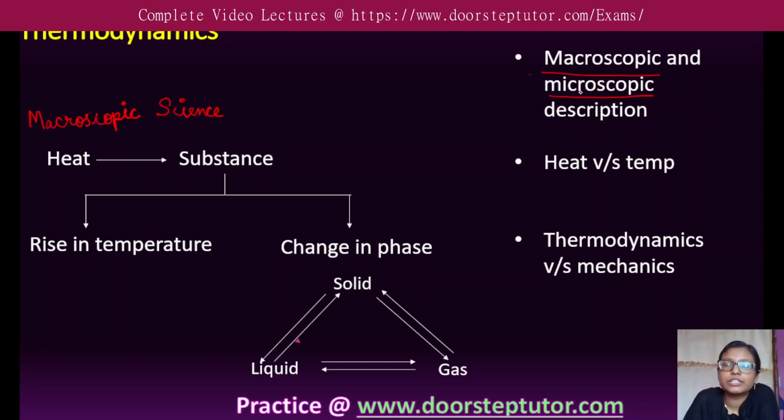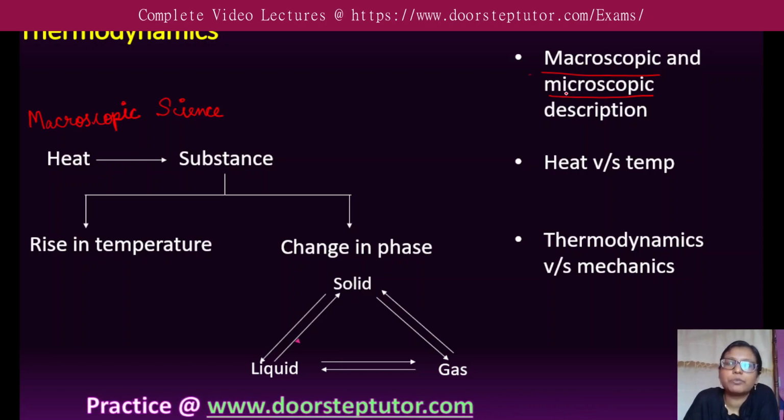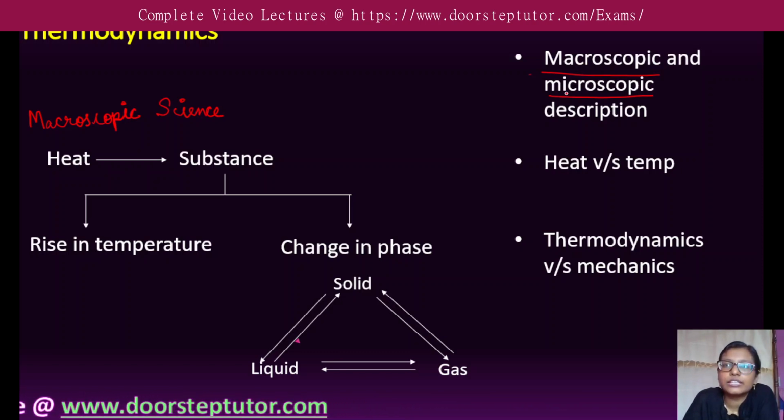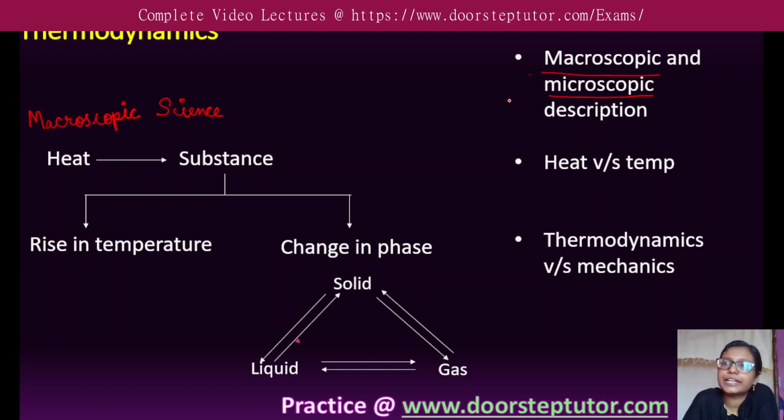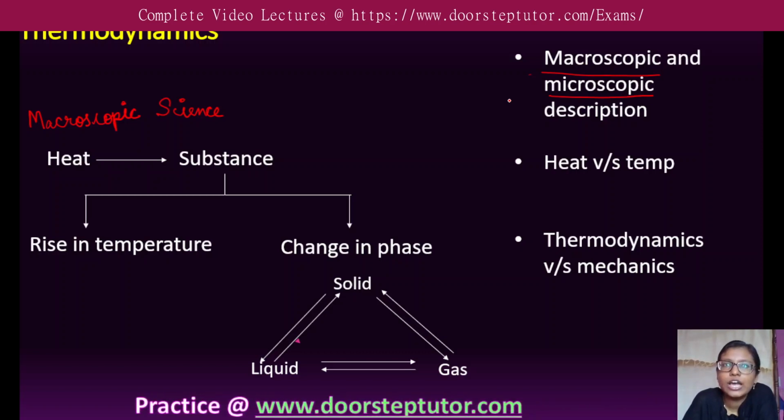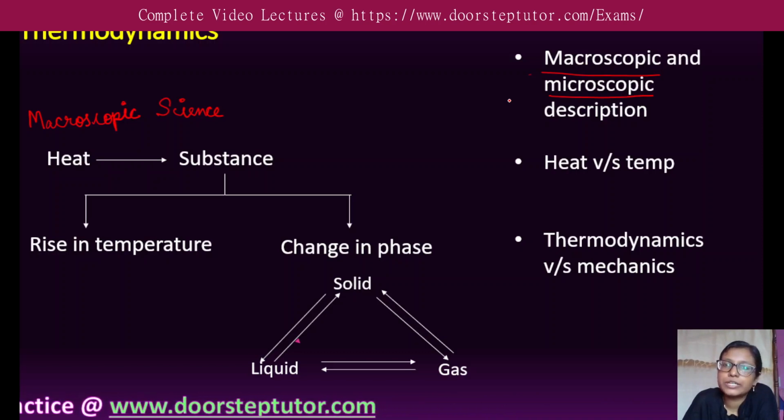The microscopic description or the statistical approach is the study of a system at the atomic level with the help of microscopic parameters such as mass, velocity, momentum, etc. These parameters cannot be directly measured in the laboratory or perceived by our senses.